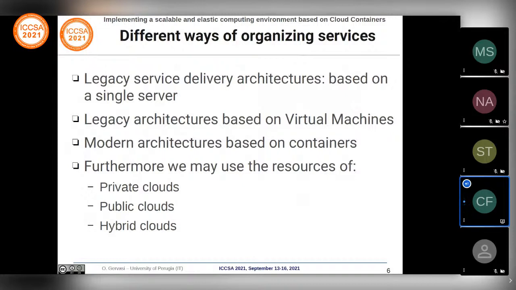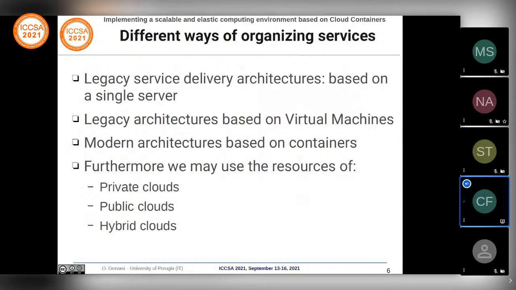This is interesting because when you adopt a virtual machine, you have several advantages. You can easily make a backup because when a virtual machine is implemented in a server, all the information related to the virtual machine, all the data, is in a file. So you can copy this file to make a backup. You can move the file to another machine to optimize the usage of the hardware.